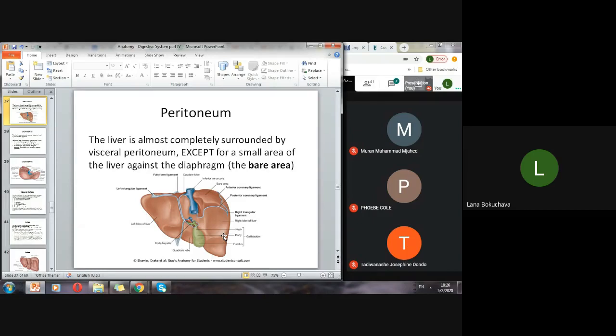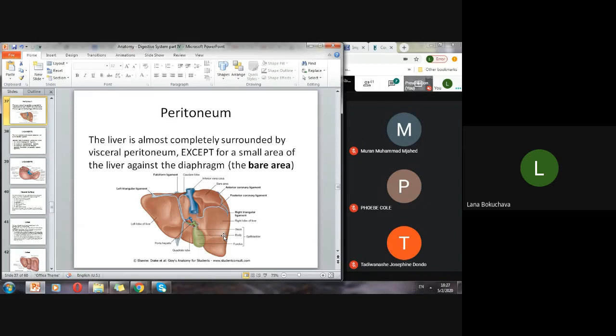From the previous lectures, you would remember that we have the hepatoduodenal ligament, which attaches the liver to the duodenum, as well as the hepatogastric ligament. Do you remember? Which was attaching the liver to the stomach. So these two ligaments were mainly producing the lesser omentum.